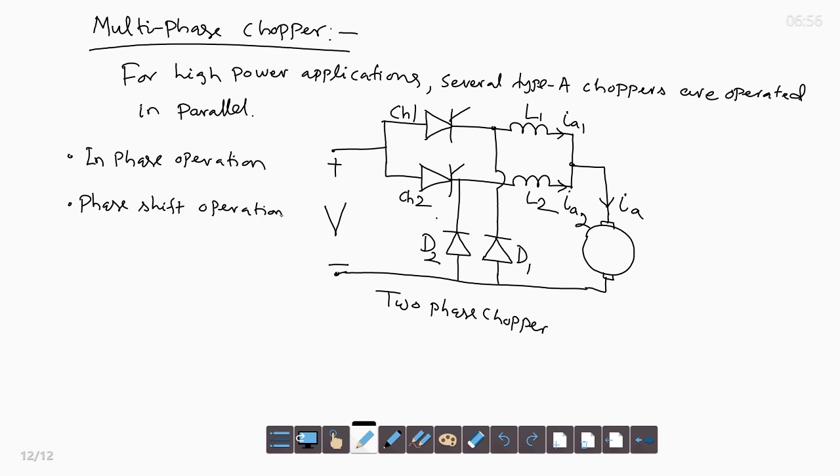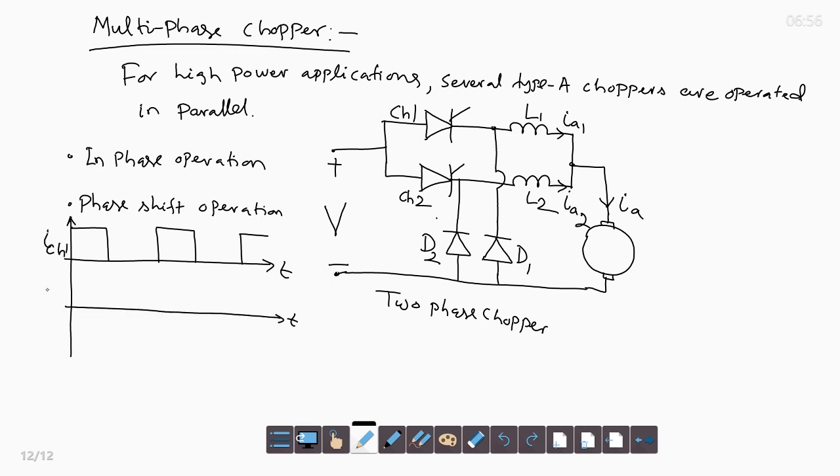As the name indicates, in phase operation the currents are in the same time phase. This is the time axis. So this is the current I_CH1 and the current in chopper 2, I_CH2, is in phase with the current in chopper 1. So it is in phase operation.